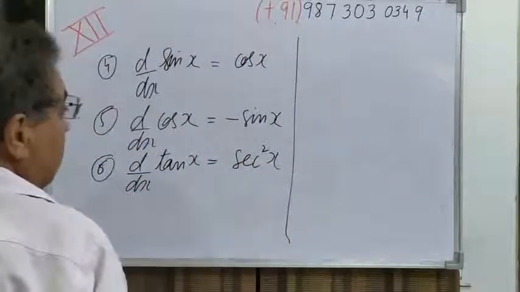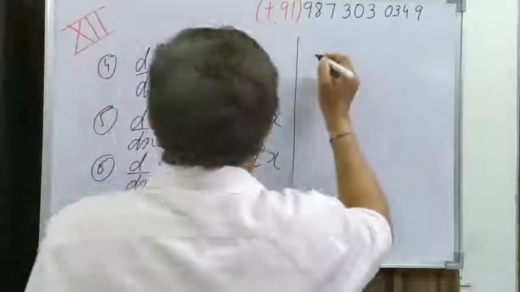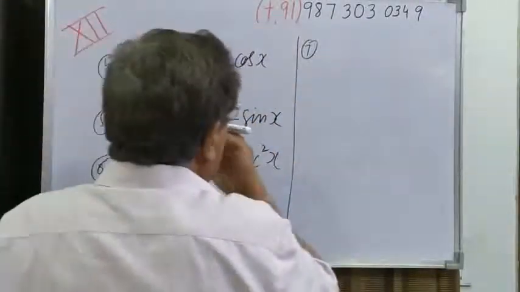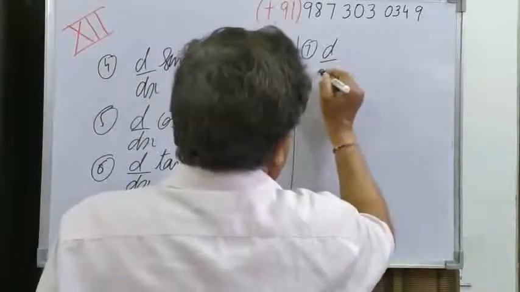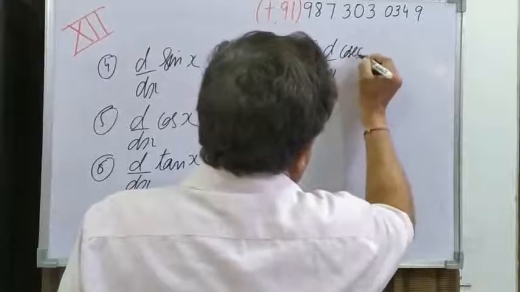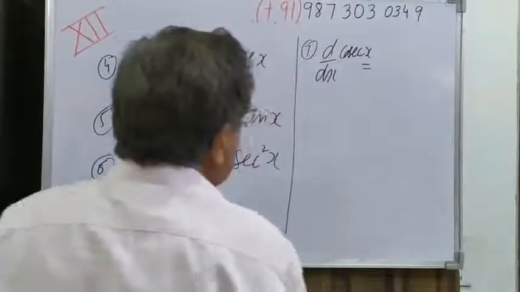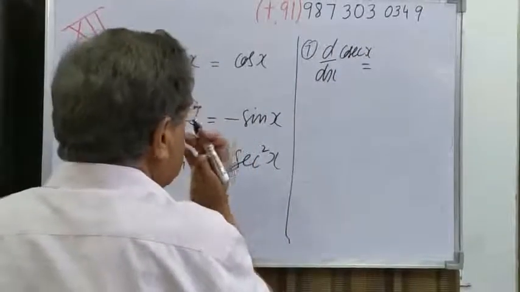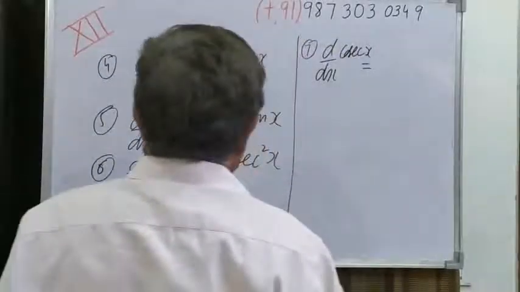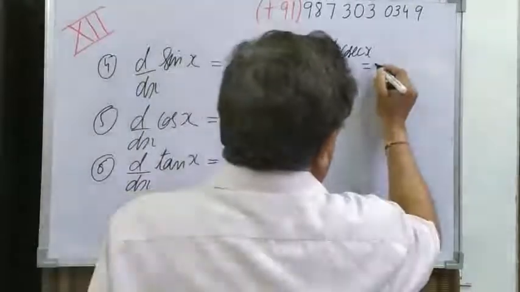After knowing these three trigonometric ratios, sin, cos, tan, the next one is the derivative of cosecant x. What is the derivative of cosecant x?